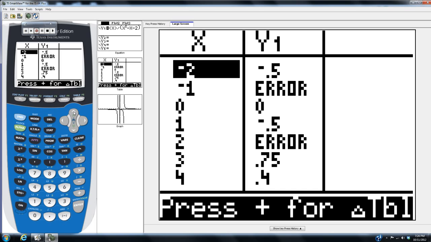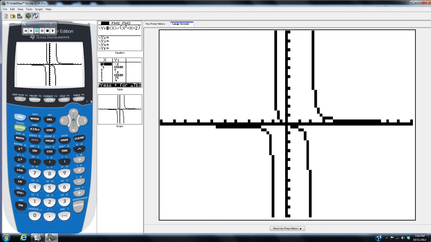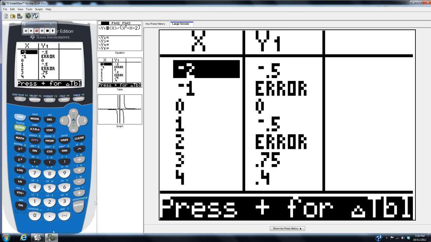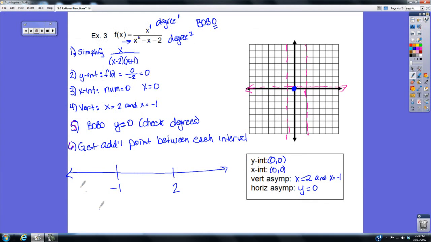You would just scroll up and down through your table until you found some extra points. You can already see what the graph is going to look like, but I would like for you to find some extra points before you sketch the graph so that you have some nice points on there. I chose the x value of -2 over here, and that gave me -1/2. So (-2, -1/2).